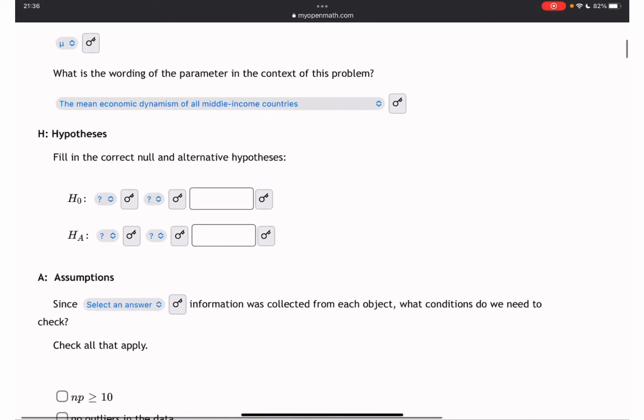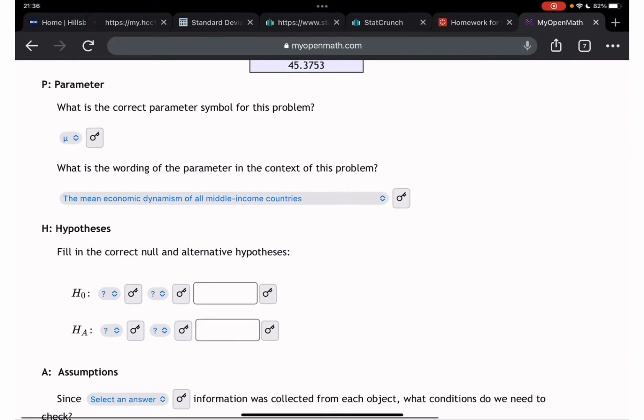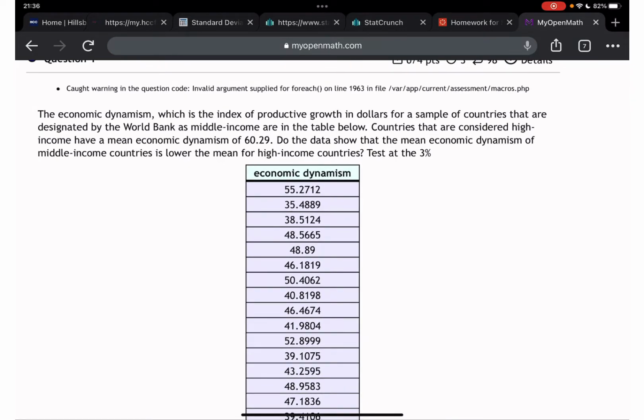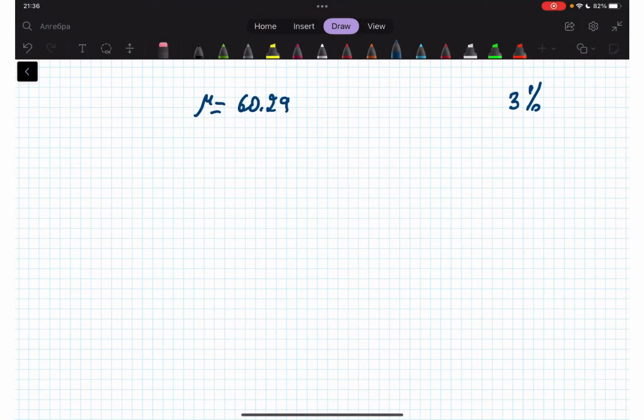All right, fill in the next. Our average, we already know, is 60.29. Do the data show that the mean economic dynamism of middle income countries is lower? The word lower does not hold an equal sign. It just holds less than. As I mentioned previously, every time we have any inequality symbol without an equal sign, that's going to be our alternative.